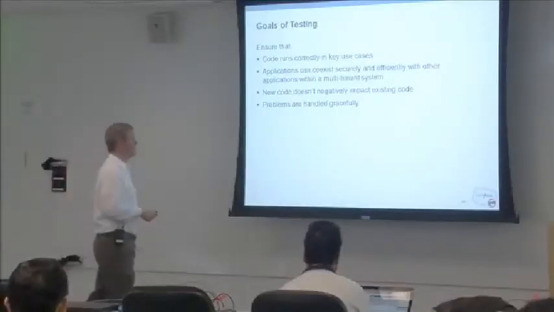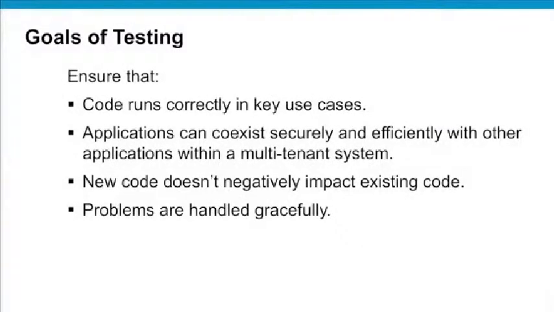We also want to make sure that when someone is making changes, whether it's new code or something like a workflow rule or a validation rule, because the save process involves so many different pieces doing so many different things, we want to make sure that introducing, let's say, a new workflow rule or a new validation rule doesn't break our existing code.